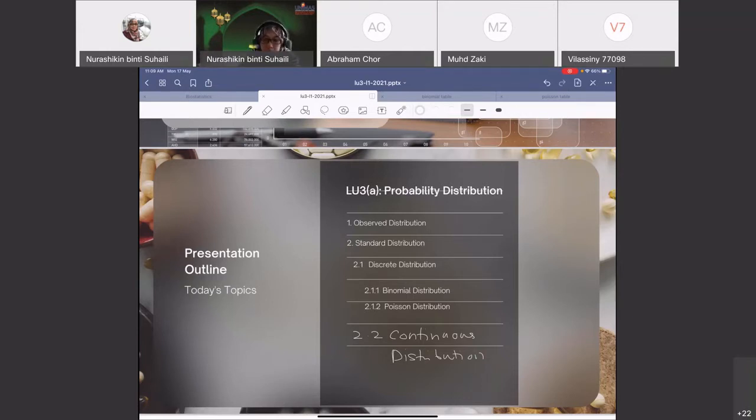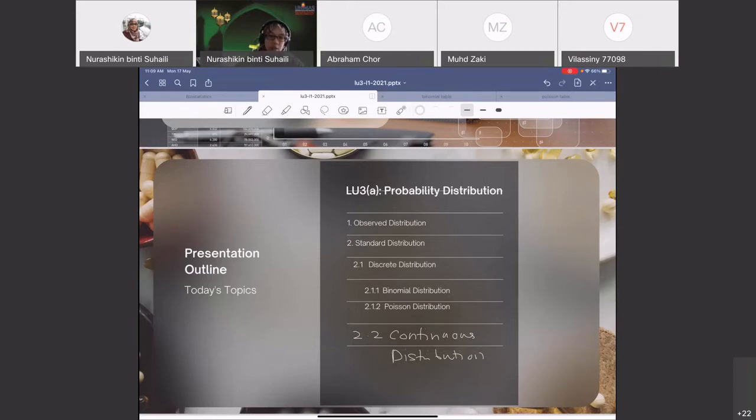Before that, here we talk about probability distribution. I hope you know what is probability. The chance of something to occur, or in Malay, kebarangkalian.